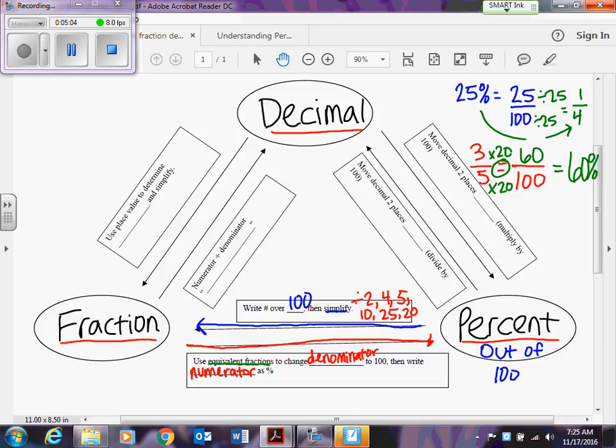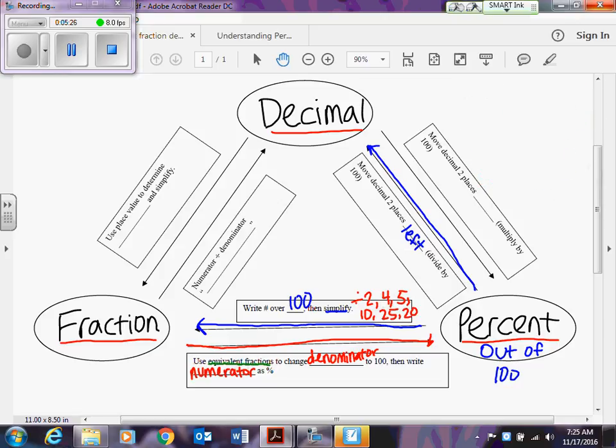All right, let's see. How about going from a percent to a decimal? All you have to do is move your decimal 2 places to the left. This is just like you are dividing by 100, right? So let's say we have the percent 95%.